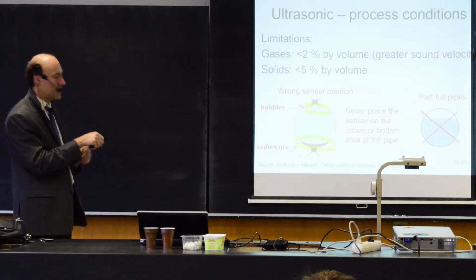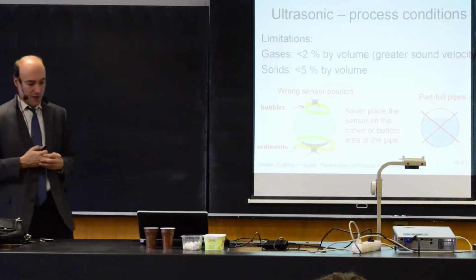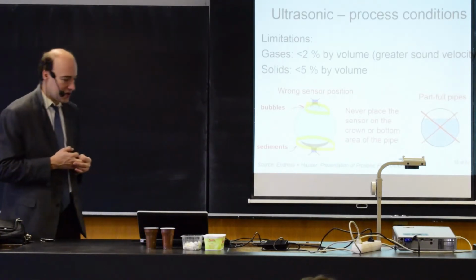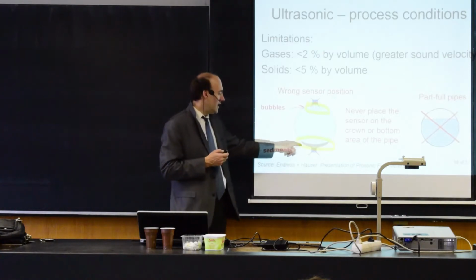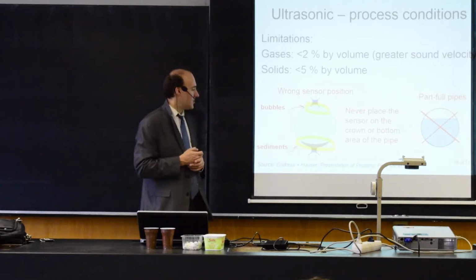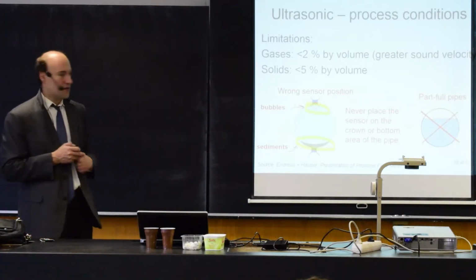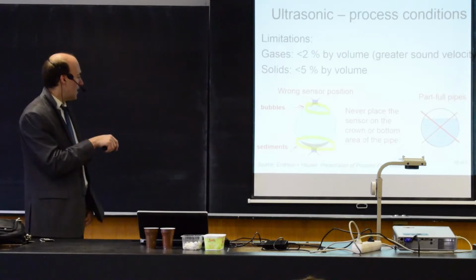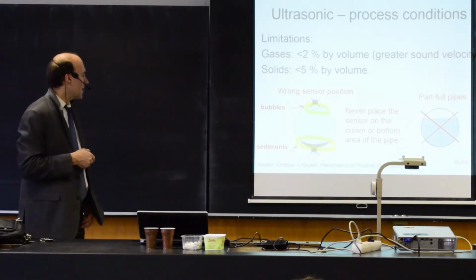You have bubbles on top, and this prevents the ultrasound from transmission. The same happens also if you install the sensor on the bottom. If you have eventual sediments on the bottom, they will prevent the ultrasound from transmitting. So you should install the sensor on the sides of the pipe.